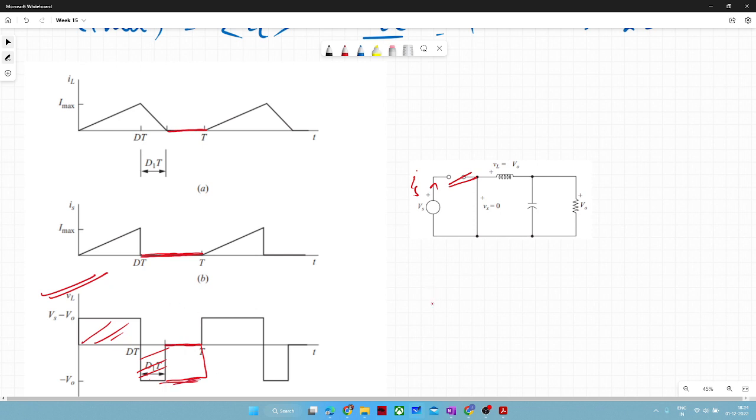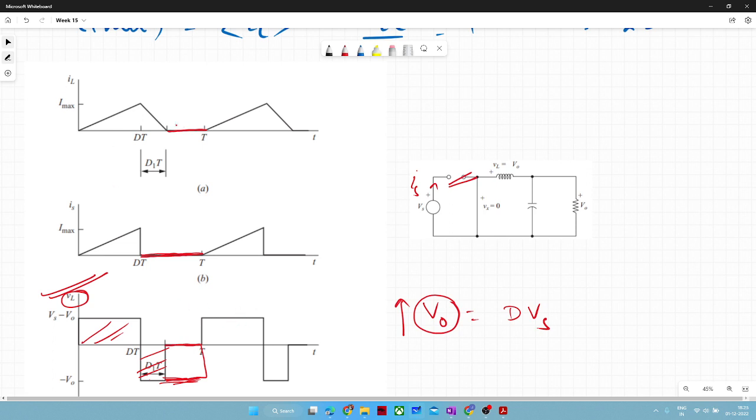V naught was nothing but the DVS in this case. And now if you calculate, this negative value is getting reduced. So if you calculate this area, it will be a bit on higher side compared to the earlier case. However, my question should have been what effect will it have on V naught, not on VL. So V naught will be increased due to the fact that this negative portion is getting eliminated.